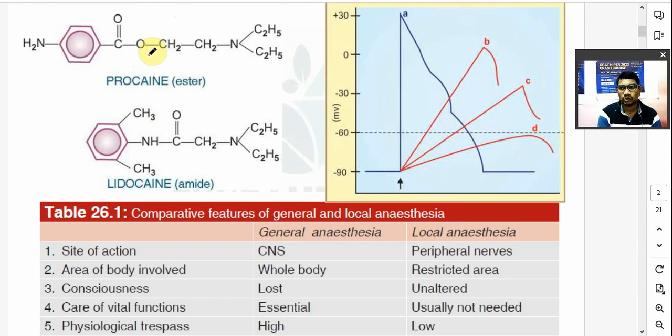Suppose you have got some burns, so to decrease the pain, local anesthetics are used. Suppose you want to do some minor surgery like abscission, extraction of a wound, or extraction of a tooth.